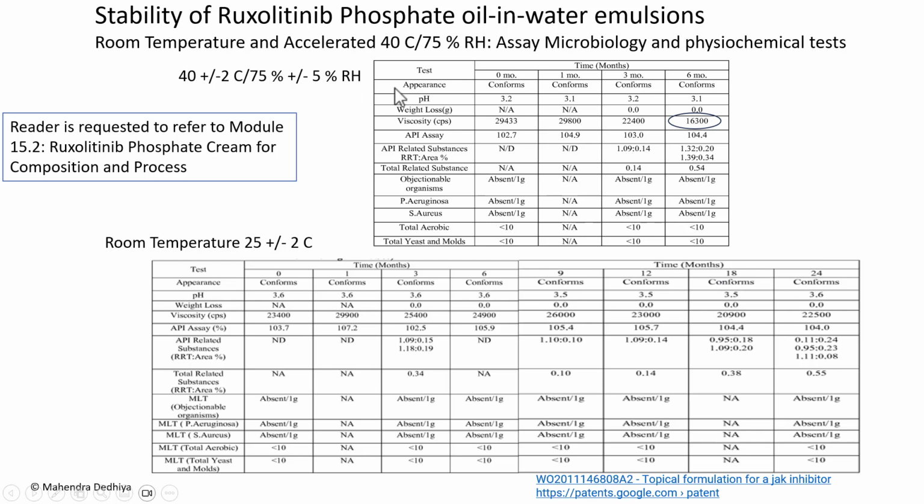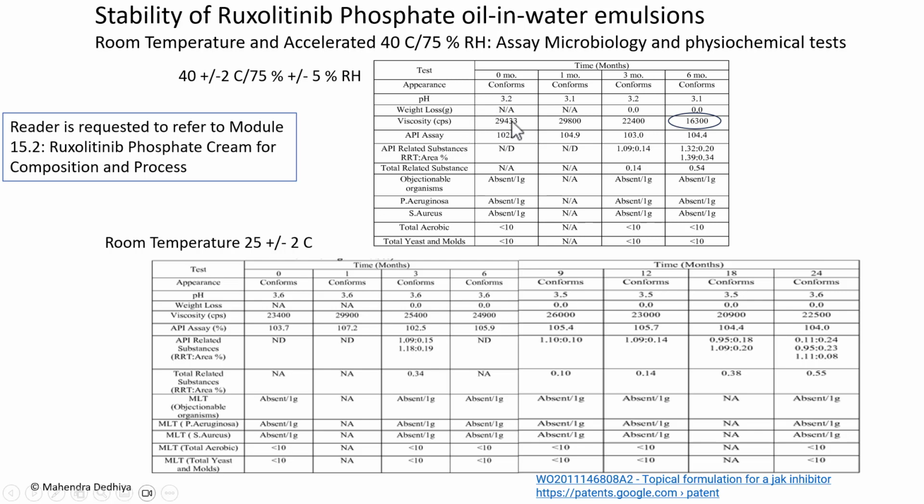The test parameters are appearance, physical parameters, pH, weight loss, and viscosity, and active ingredient parameters: API assay, related substances and total related substances, and microbial tests. Overall, data shows excellent stability.